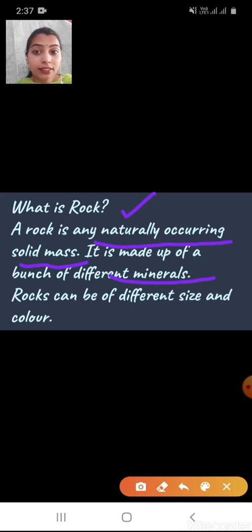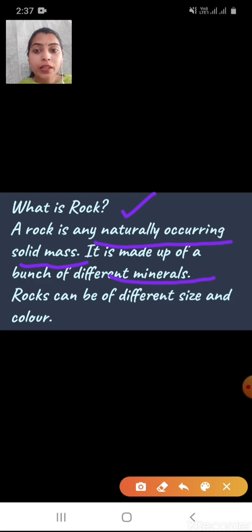Some are dark gray, some are whitish, some are light gray. So it depends on the mineral from which the particular rock is made. Whenever you go to any river, there are rocks, and there also the colors of the small stones are different.